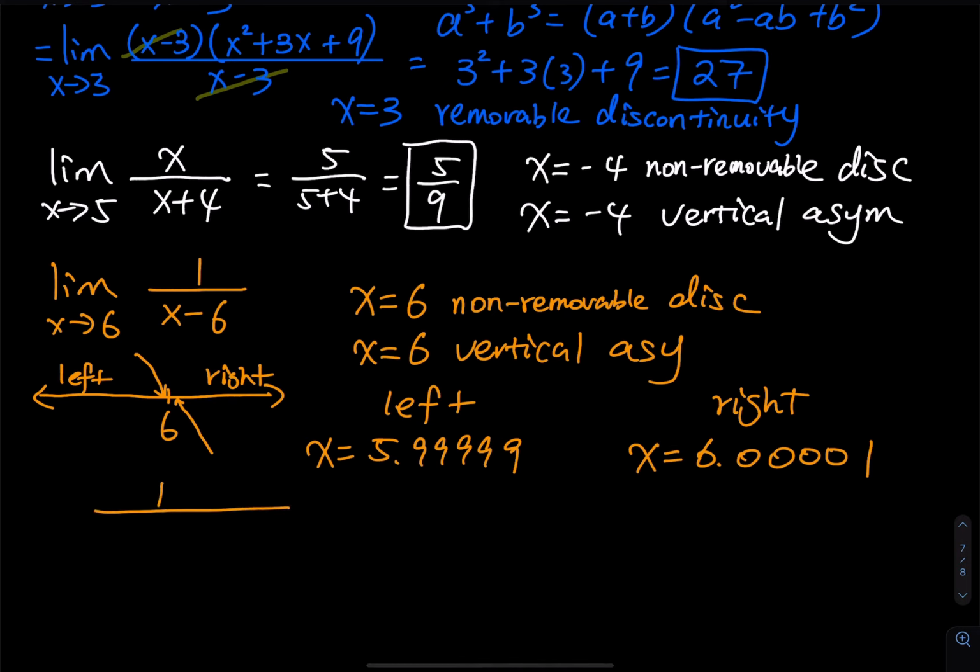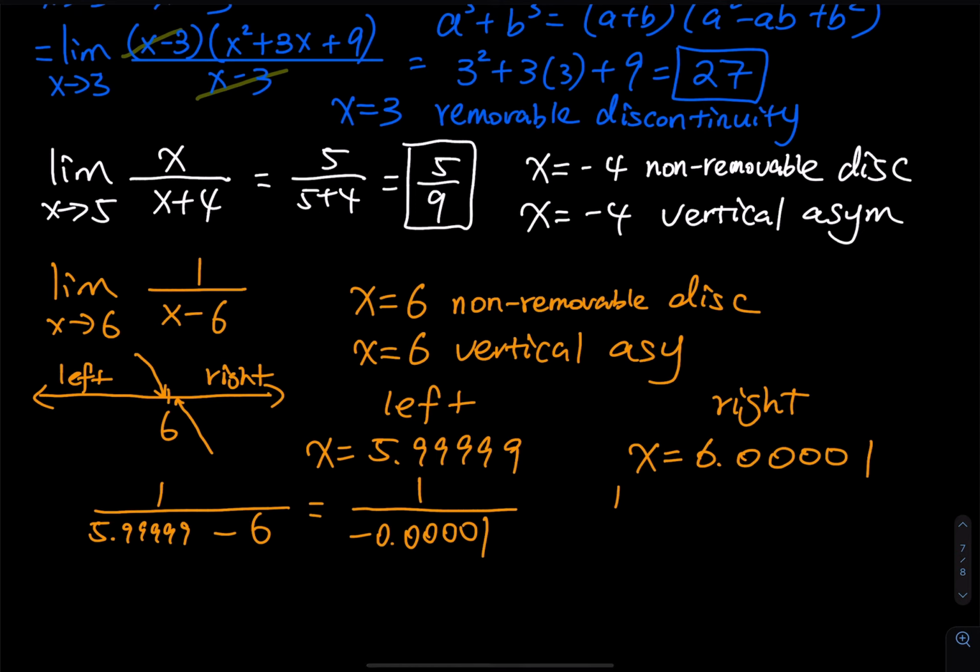We have 1 divided by 5.99999, something extremely close. You minus 6, and then you get something extremely small, right? Because the difference is extremely small. So this is negative and extremely small, 0.00001, 4 zeros.